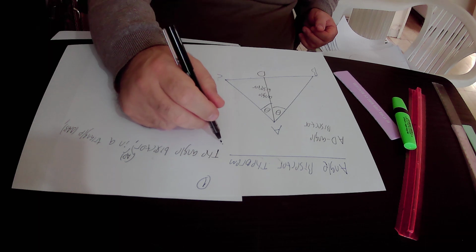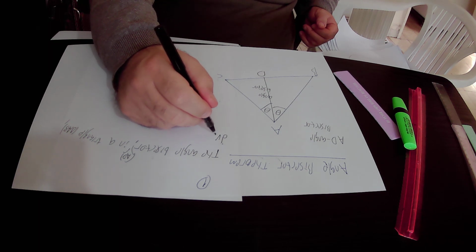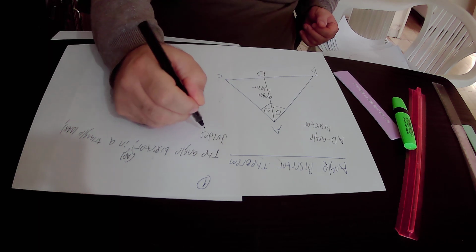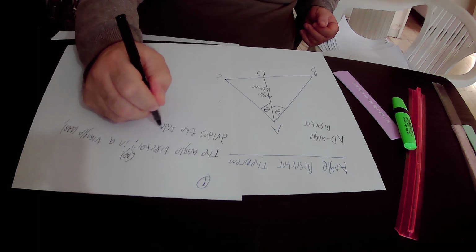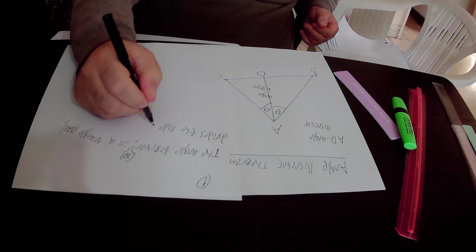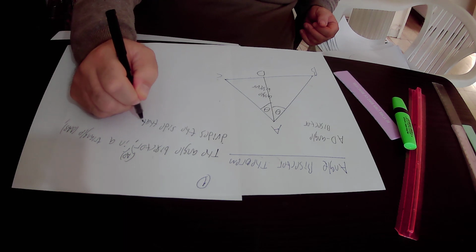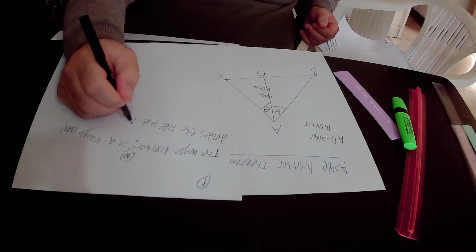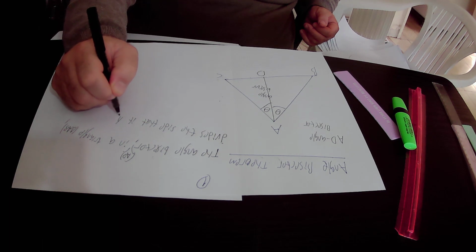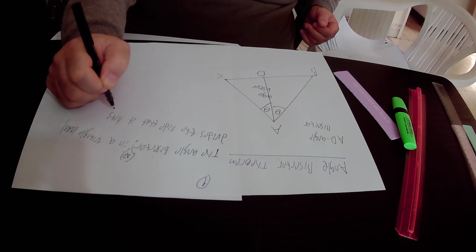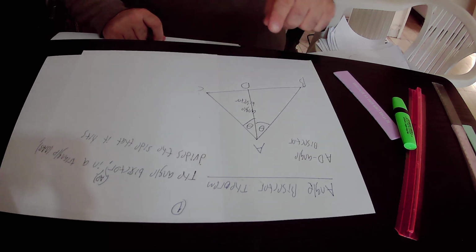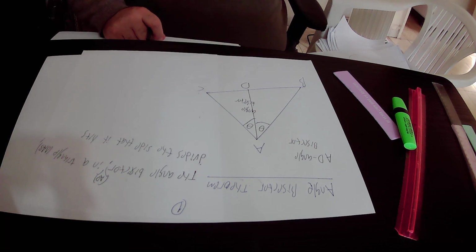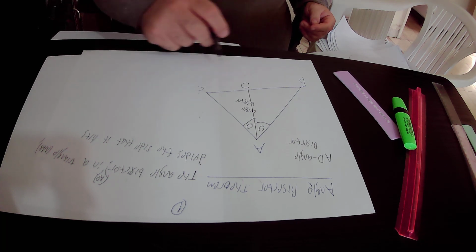Divides the side that it is. As you can see from the drawing, angle bisector AD is side BC. So we are relating to side BC.